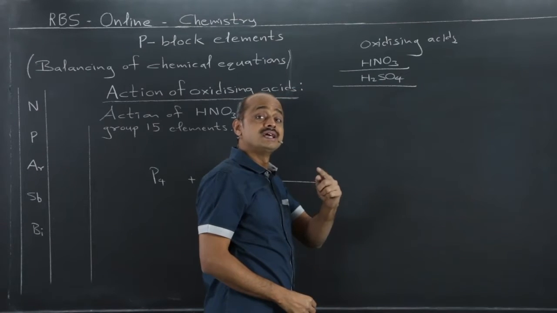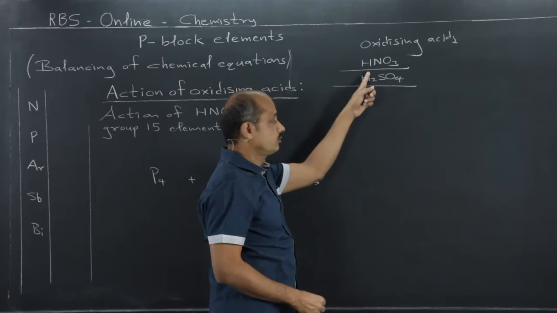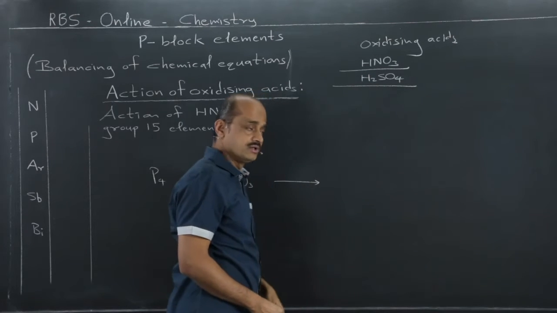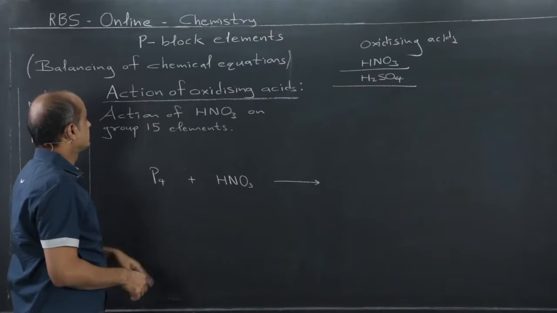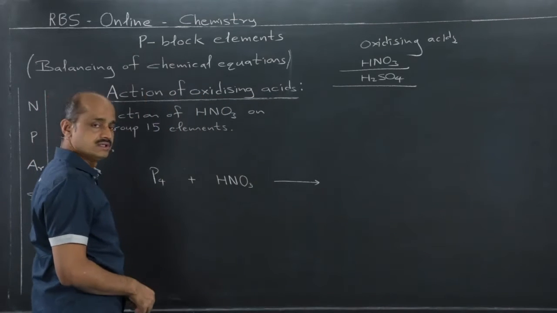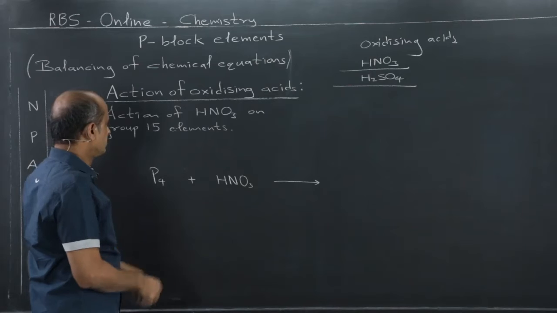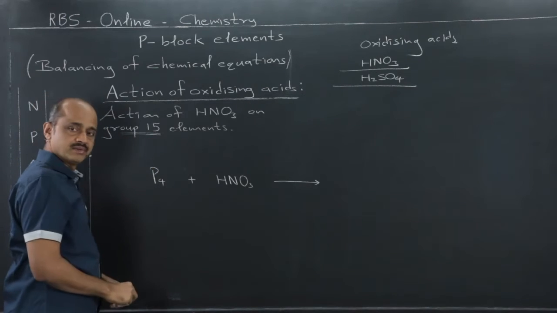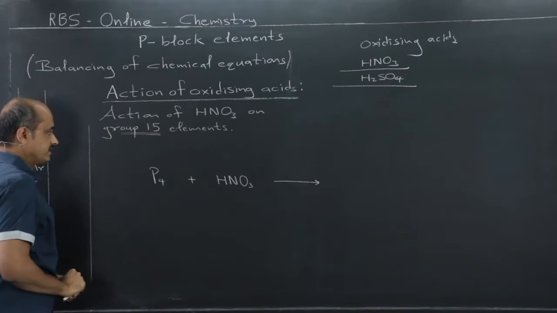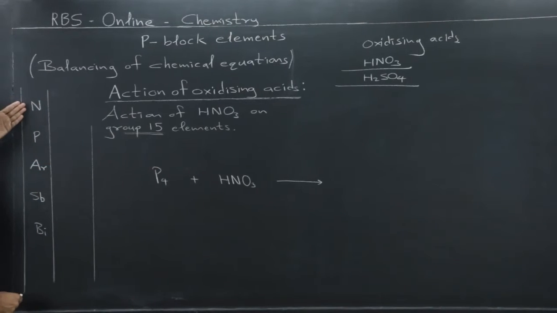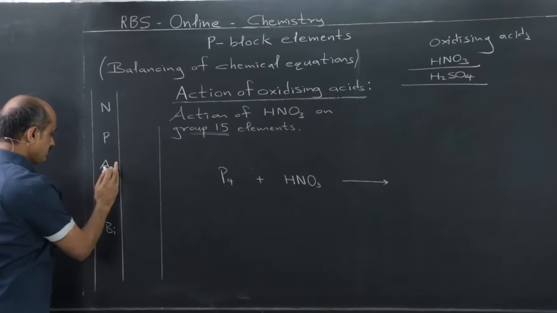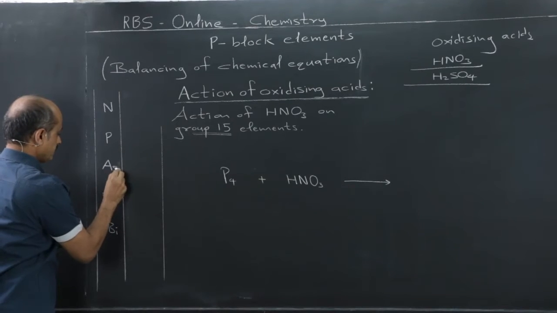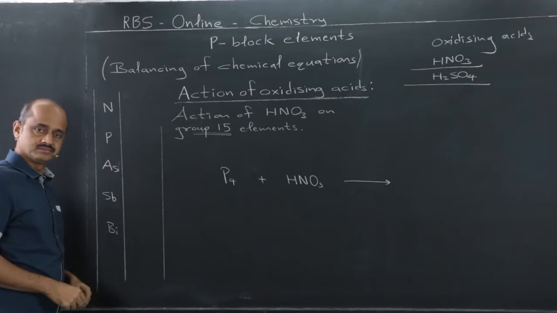So, this is going to work as oxidizing acid. We are considering chemical reactions of P block elements. In that, initially, we are starting with group 15 elements. Group 15 elements means nitrogen, phosphorus, arsenic, antimony, bismuth.